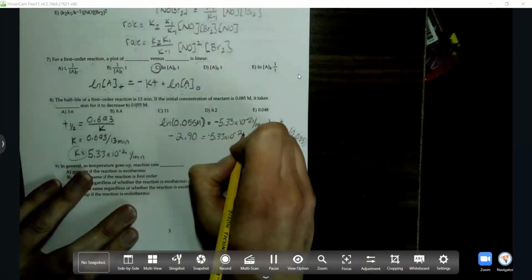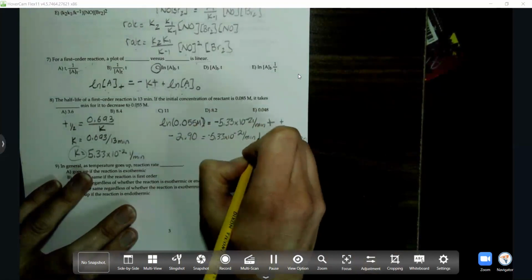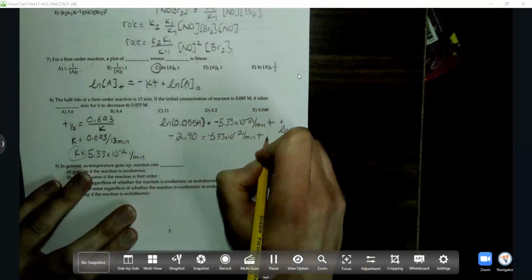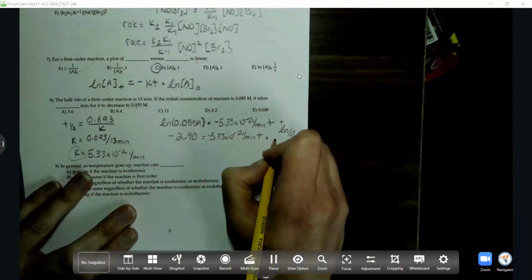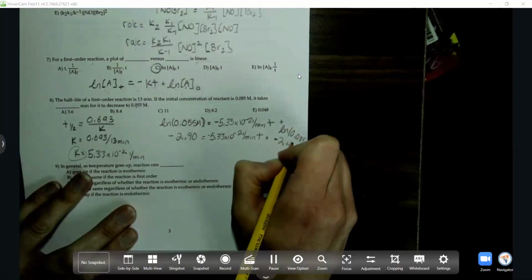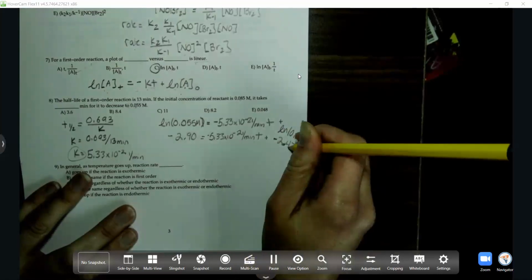Negative 2.90 equals negative 5.33 times 10 to the negative 2, 1 over minutes, times t, plus negative 2.47. I'm going to add 2.47 to both sides.